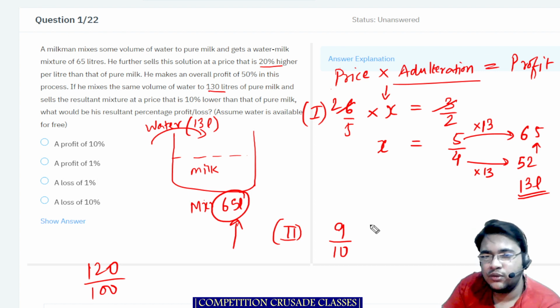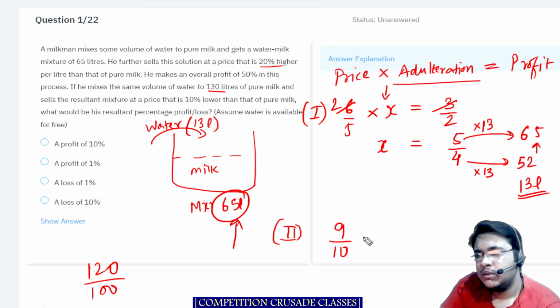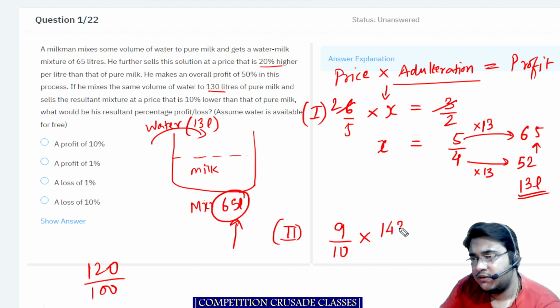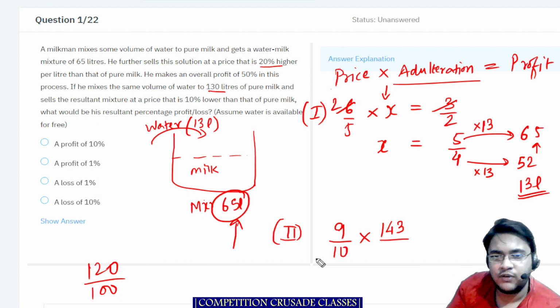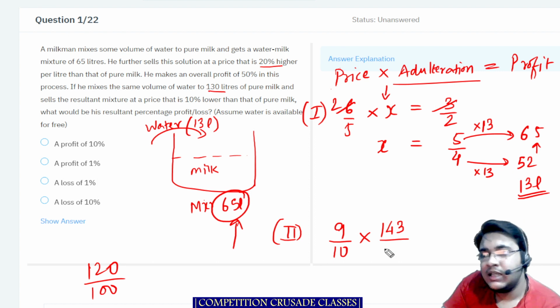So now if you are a bit confused, and you should be confused, please write the numbers as they are. What have they said? They have said that they have added 13 liters to the 130 liters, right? So it is 143. Initially, how much was it?